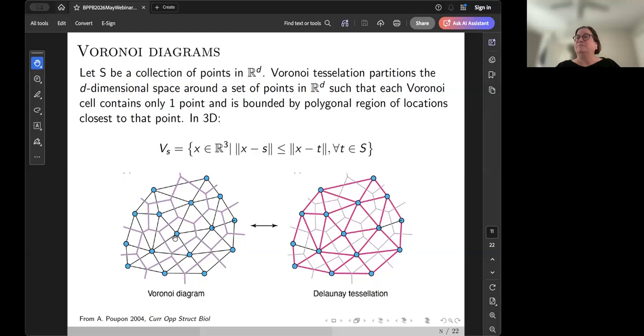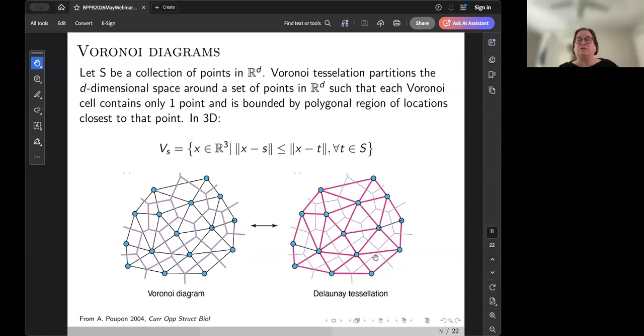There's a dual thing to this called a Delaunay triangulation, or in the case of 3D, a tetrahedralization. I'm going to take my Voronoi diagram, which you can see in the lighter color in the background, and any two points that share a Voronoi edge, I'm going to draw a line between them.